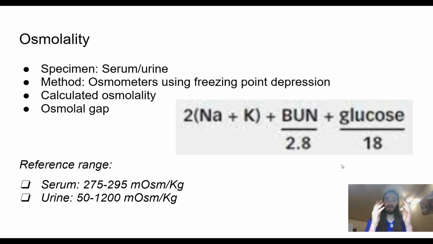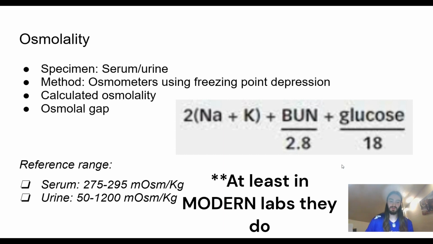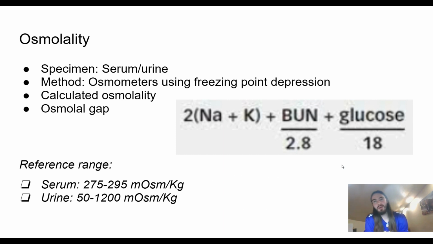With these calculations, you can also measure osmolality using freezing point depression technology, at least in most labs. The concept of freezing point depression is that in a solution, in a liquid, the freezing point of that solution will be lower if there are more particles in it, more solute. The more solute, the lower that freezing point will be.